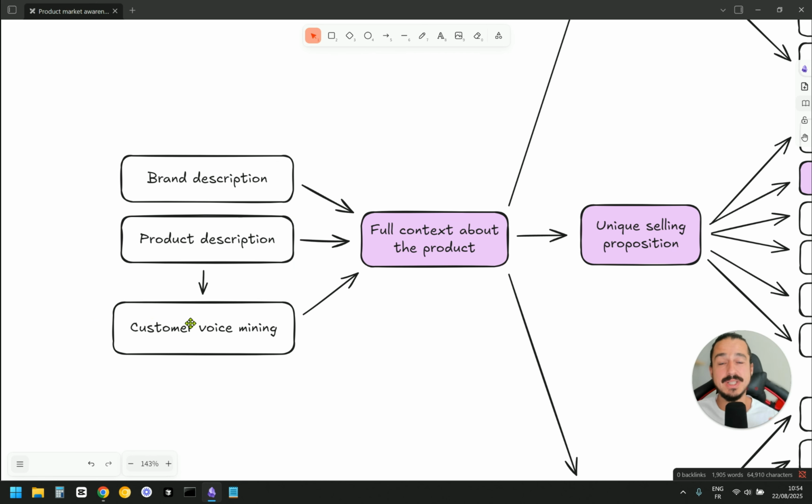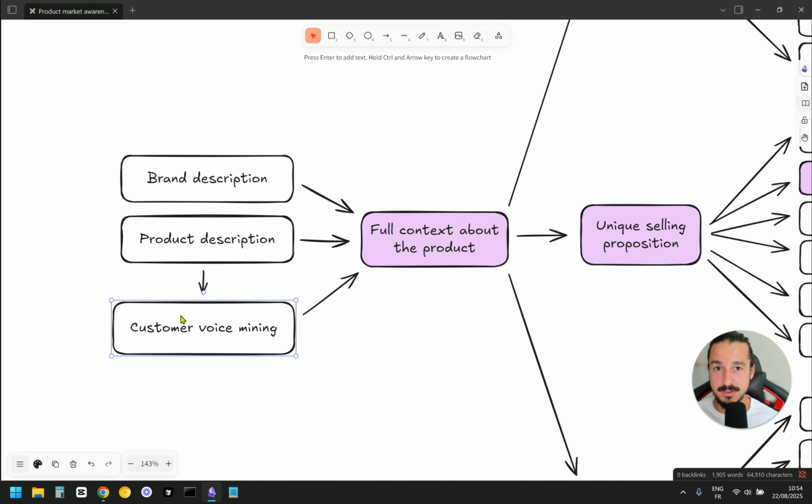And then we want to give AI the voice of the customer. And this one is probably the most important, because the ads that we are going to create are going to be created using, as much as possible, the proper wording that the customers are using, whether it's in the customer reviews or on forums or Reddit, wherever the customer is talking about their pain.